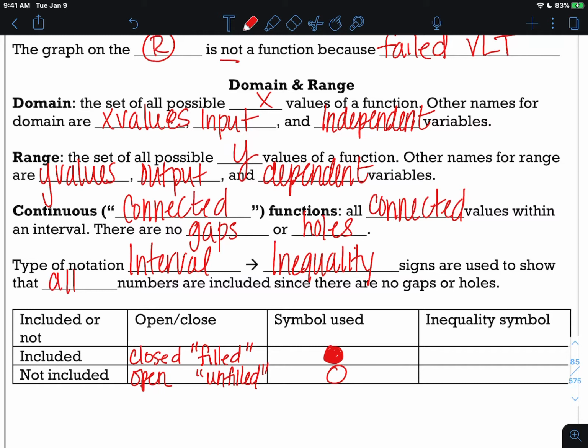The inequality symbols that go with the closed one are the ones that have that extra line, meaning the x and the y are possibly at that point. However, the open one means that this point does not exist on the graph. It stops right before it gets there. So we will not be using that extra line.